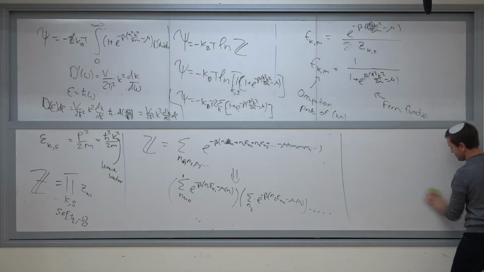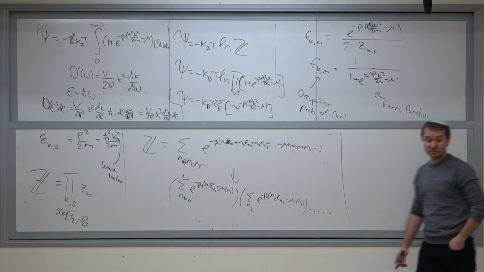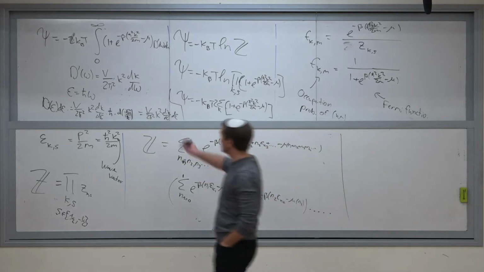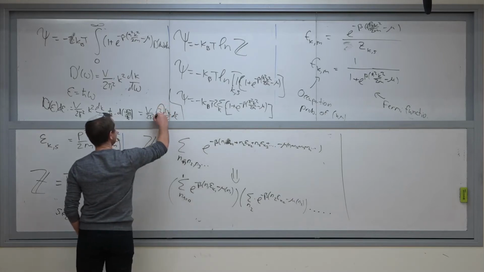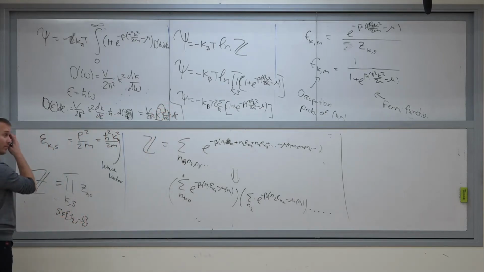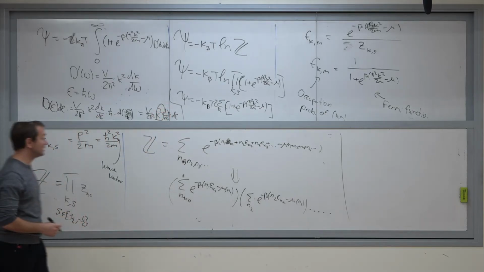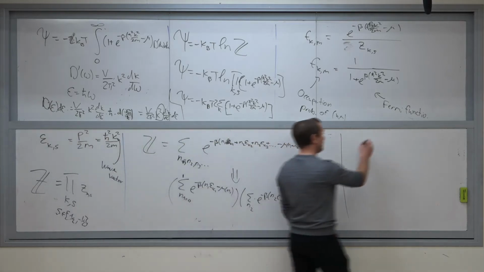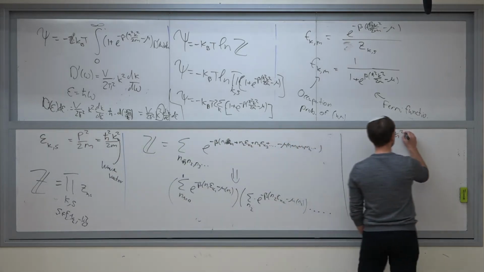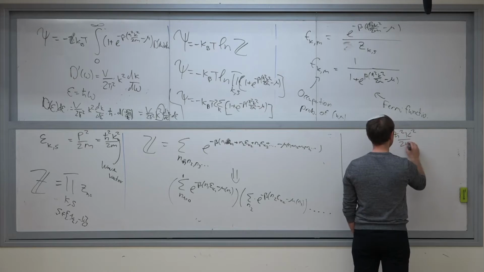By the way, what is the connection between k and epsilon? Because we still have here this term of k squared. So the connection is that epsilon equals h bar squared k squared divided by 2m.